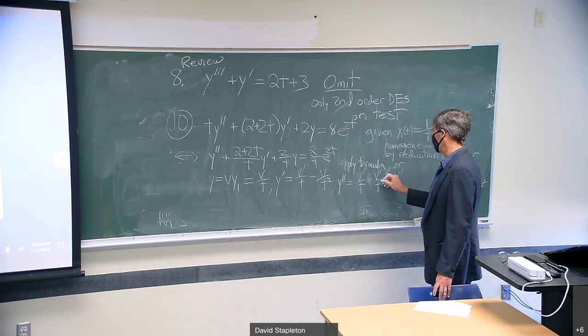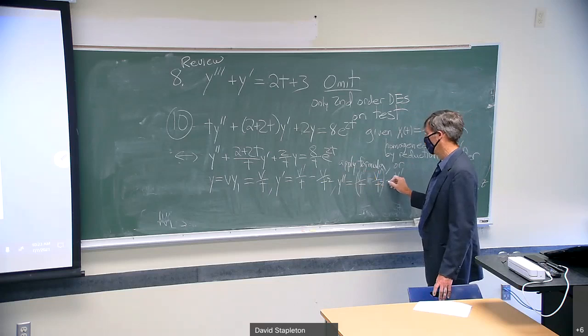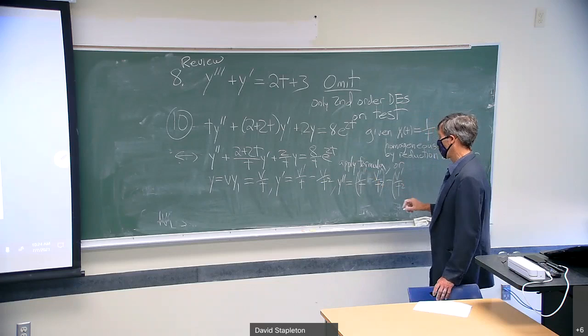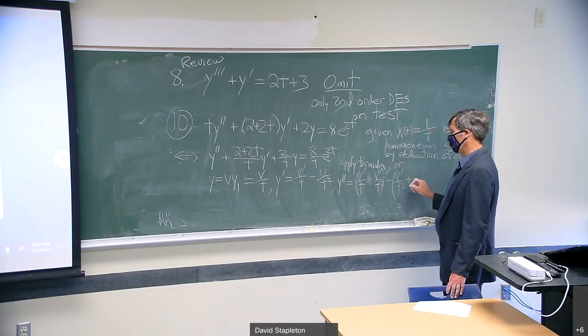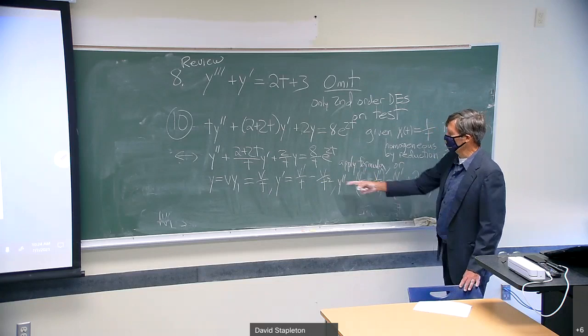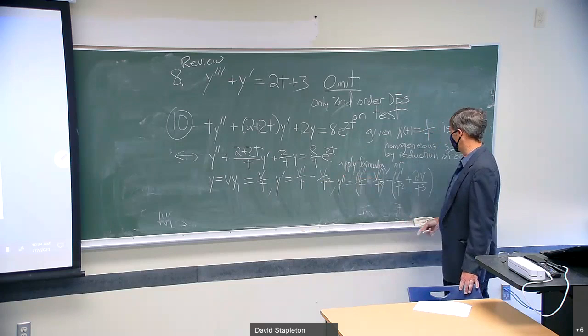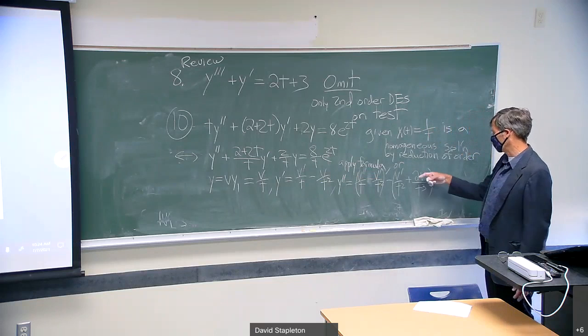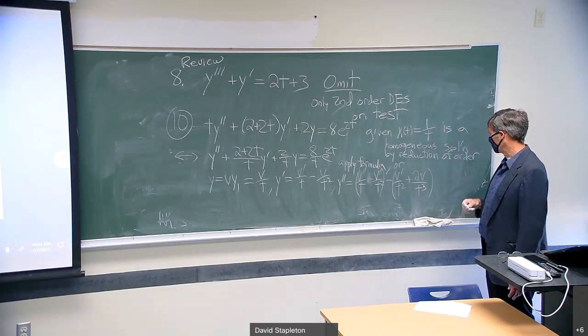Get minus v prime over t squared plus 2v over t cubed. The derivative of minus 1 over t squared, t to the minus 2, is minus 2t to the minus 3, so that gives the second term.